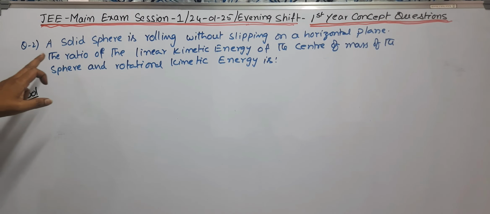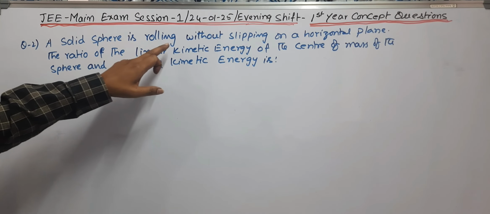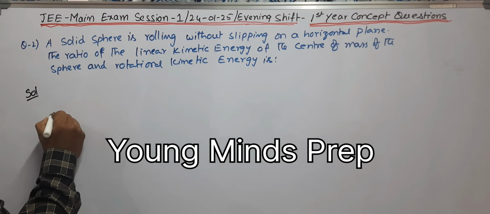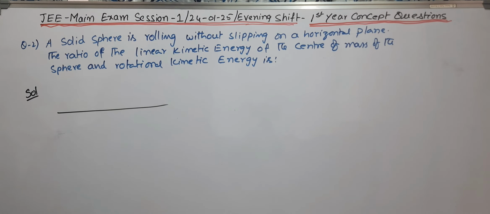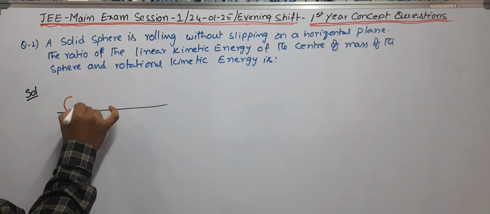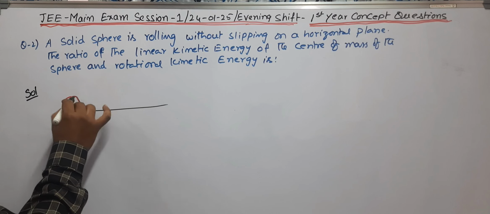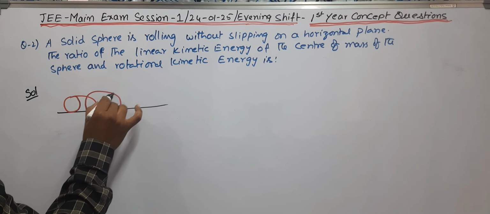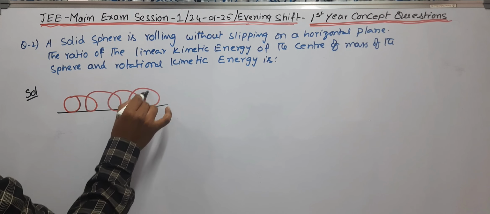Second question. A solid sphere is rolling without slipping on a horizontal plane. Suppose this is a horizontal plane. On this horizontal plane, a solid sphere is rolling. That means it rolls like this, without slipping.